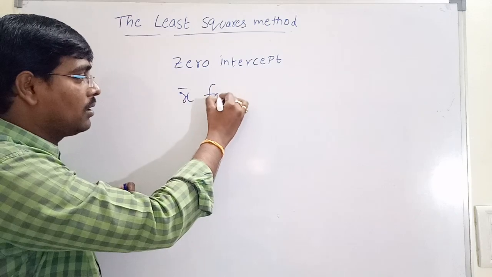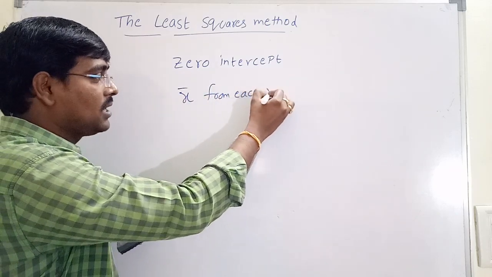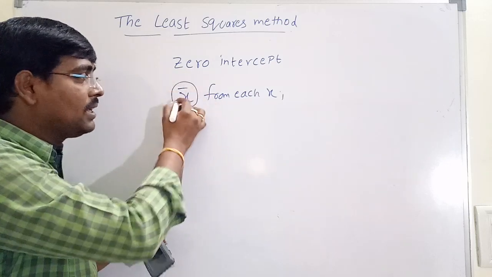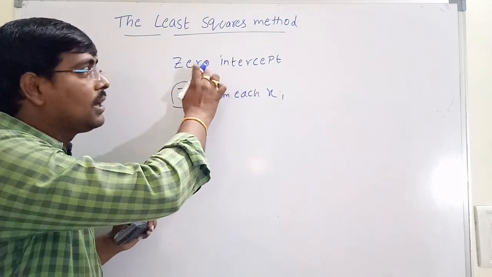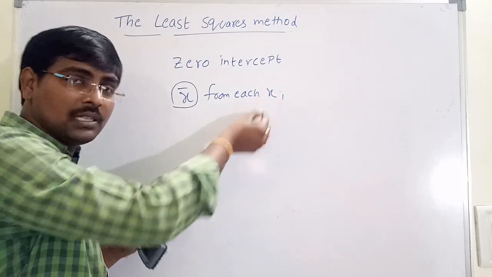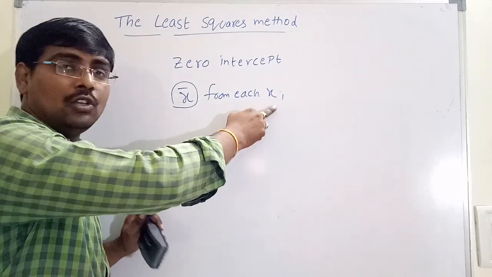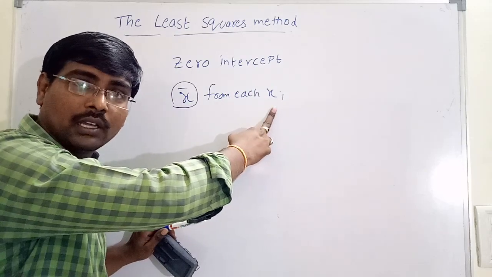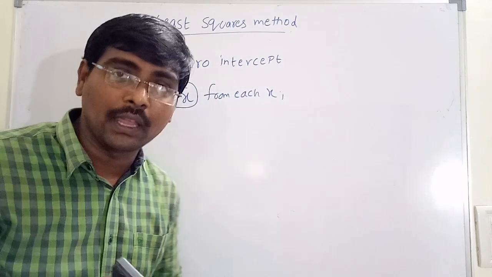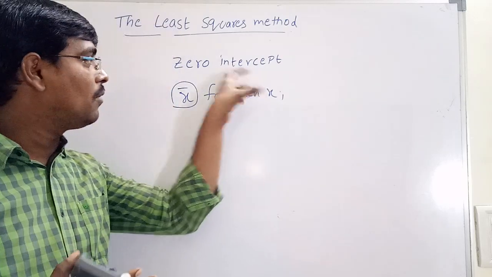Subtract x bar from each xi. If you subtract the mean from each xi, automatically that is a zero intercept. Zero intercept means the line passes through 0 instead of the mean, and it is equal to y cap.